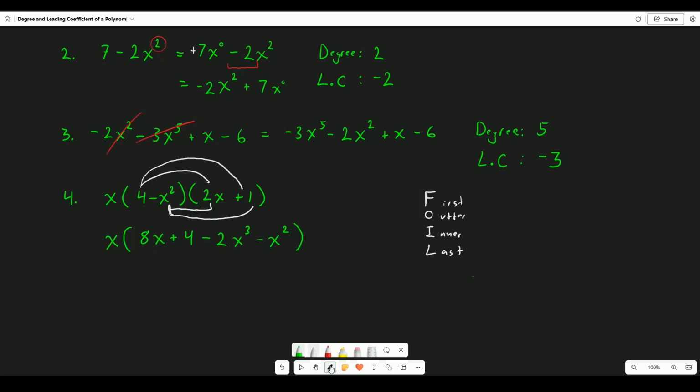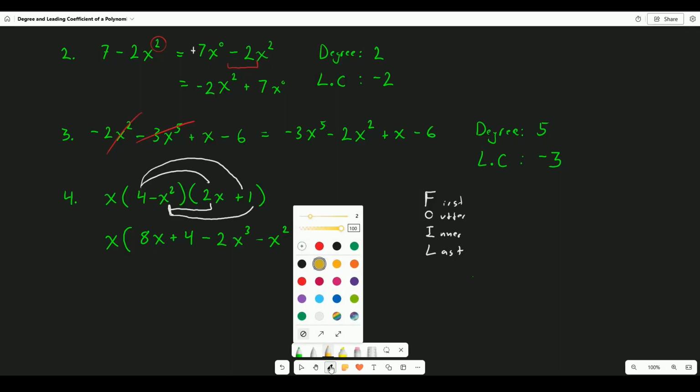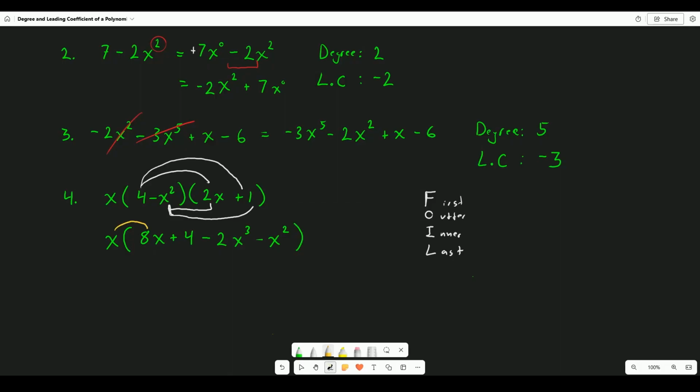So now I'm going to distribute the x into everything. Let's pick yellow. I'm going to distribute the x into everything inside right here. So what's x times 8x? Well, that's just 8x squared. What's x times 4?